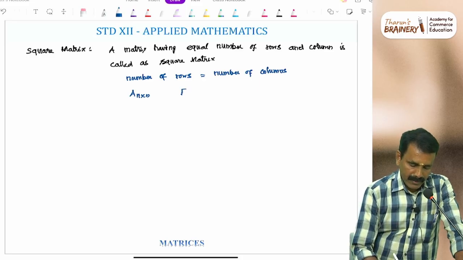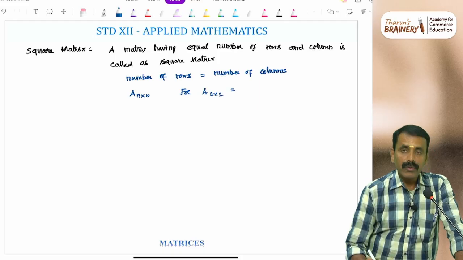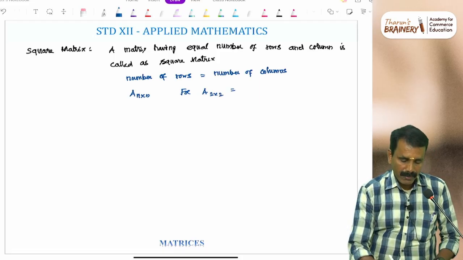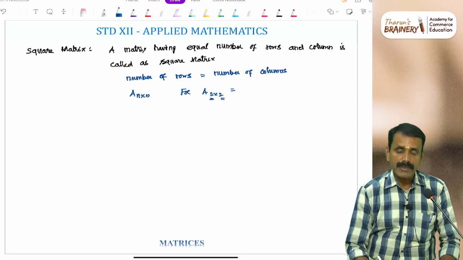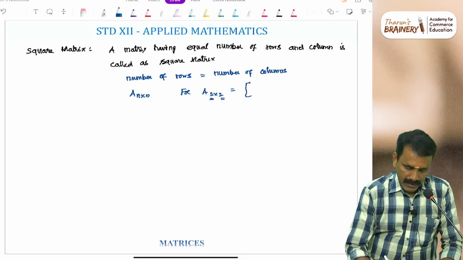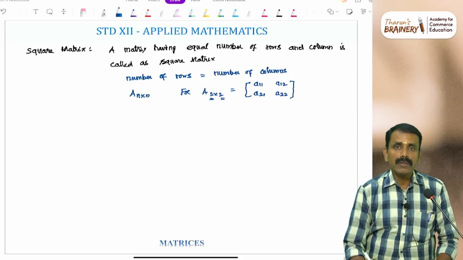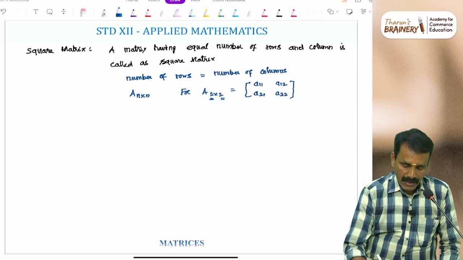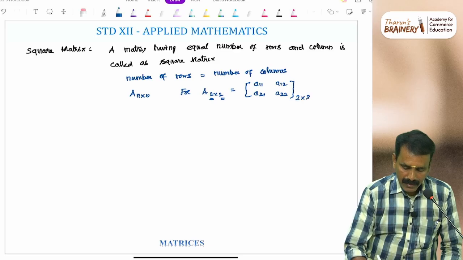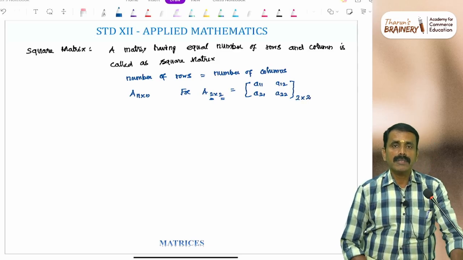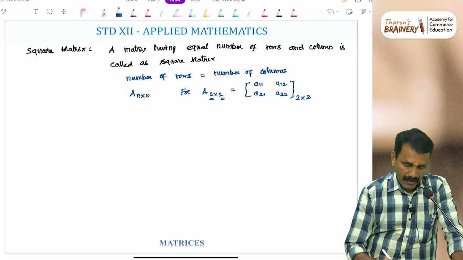For example, if you take A 2 by 2, it is going to have 2 rows and 2 columns. So number of rows is equal to number of columns. So we get A11, A12, A21, A22. This is a matrix which has 2 rows and 2 columns. Since it has an equal number of rows and columns, it is called a square matrix.